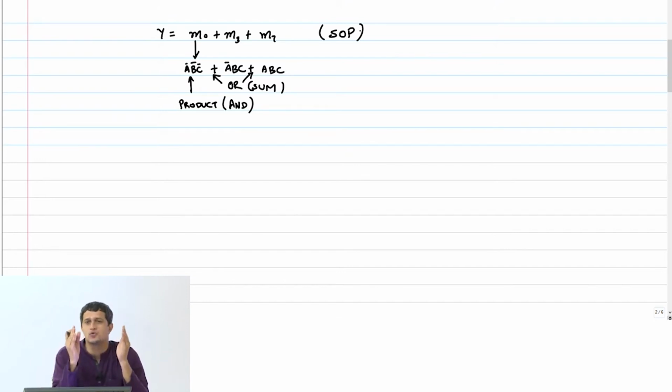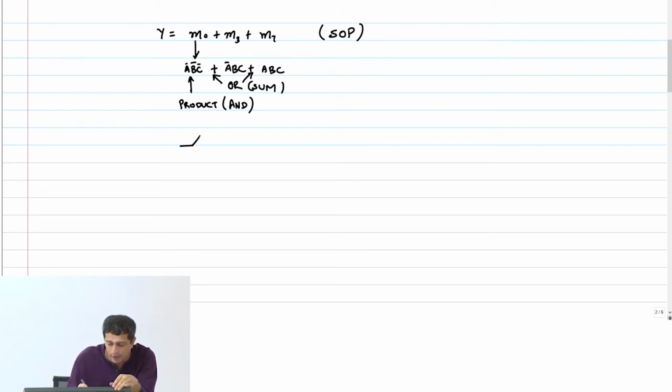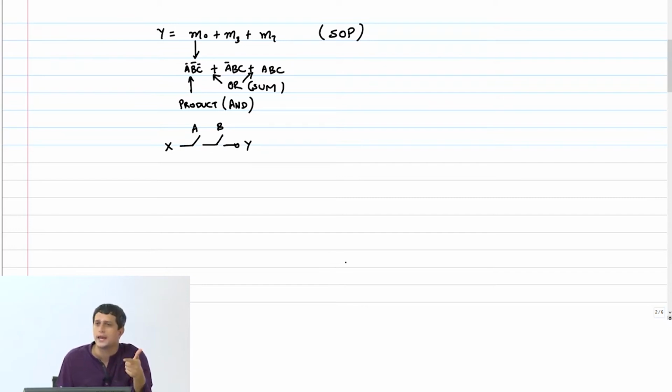The idea is now to take this and implement it in static CMOS logic, okay? So the point is, if I have any arbitrary switch, right, and I put two of these in series, controlled by signals A and B, then the signal X from here will go to the output Y when both A and B are closed, right?